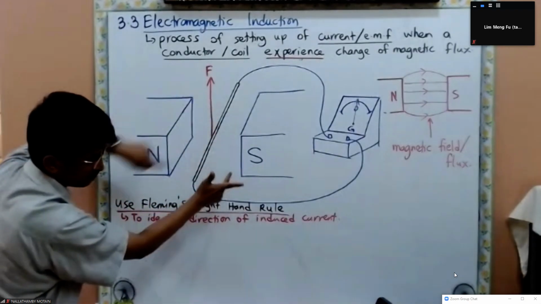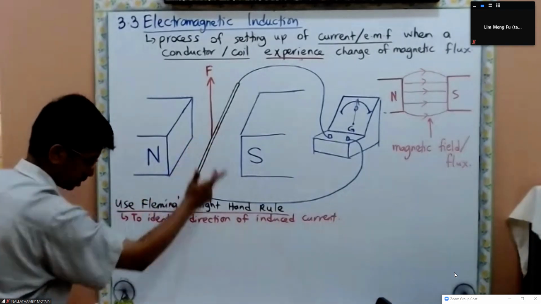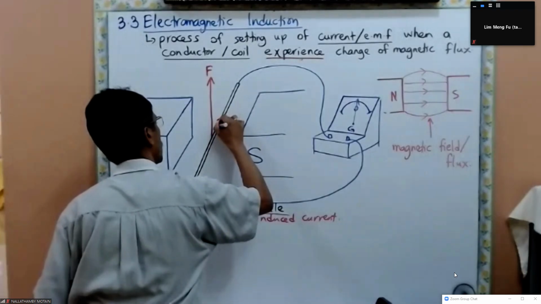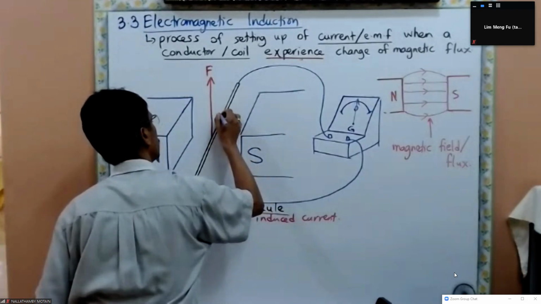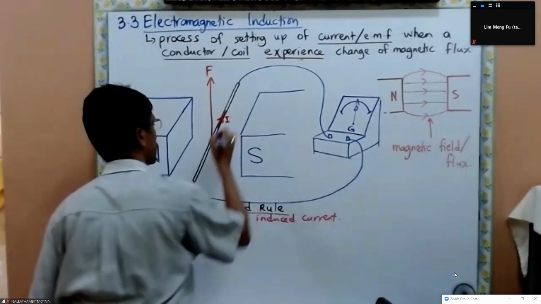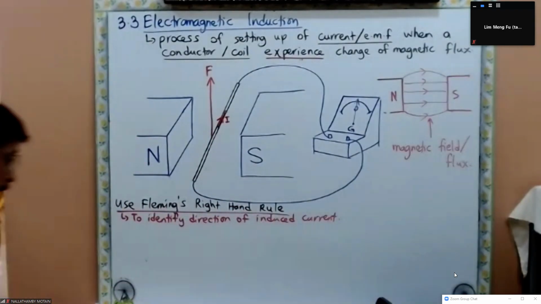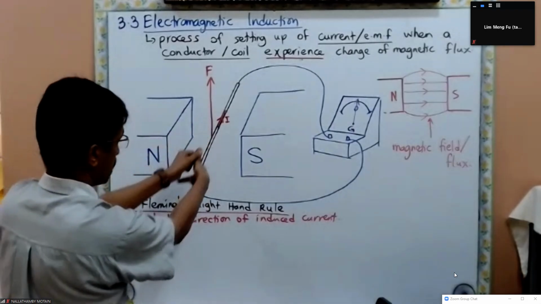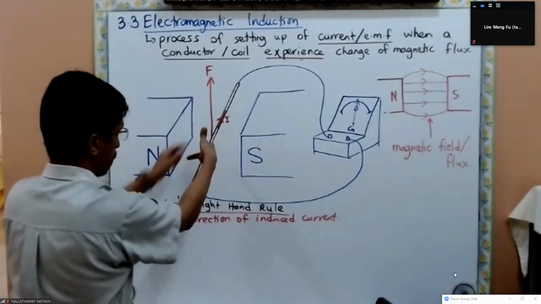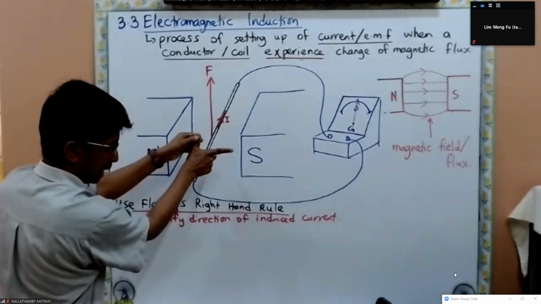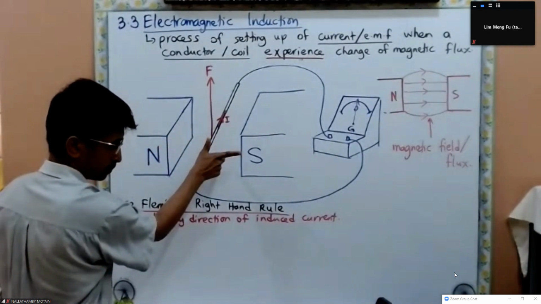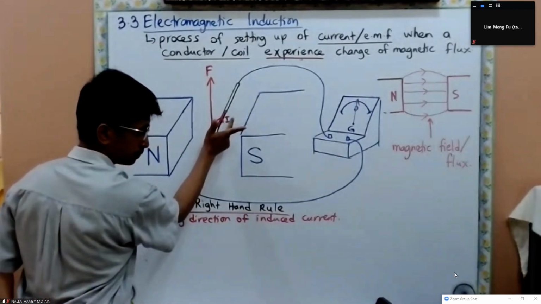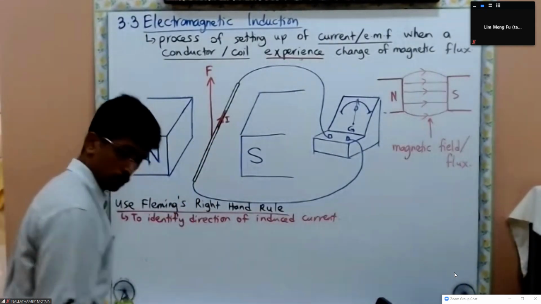Correct? Inward. So current is flowing inward. This is the direction of the current. I repeat, force acting is upward, magnetic field to the south, the third finger goes inward.